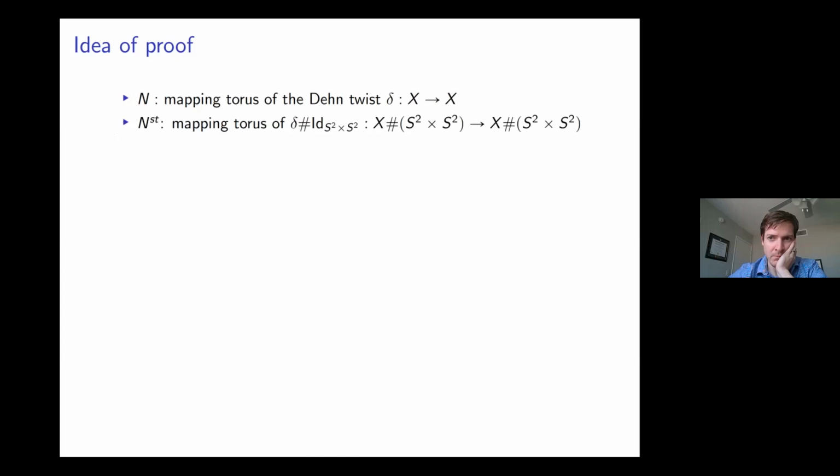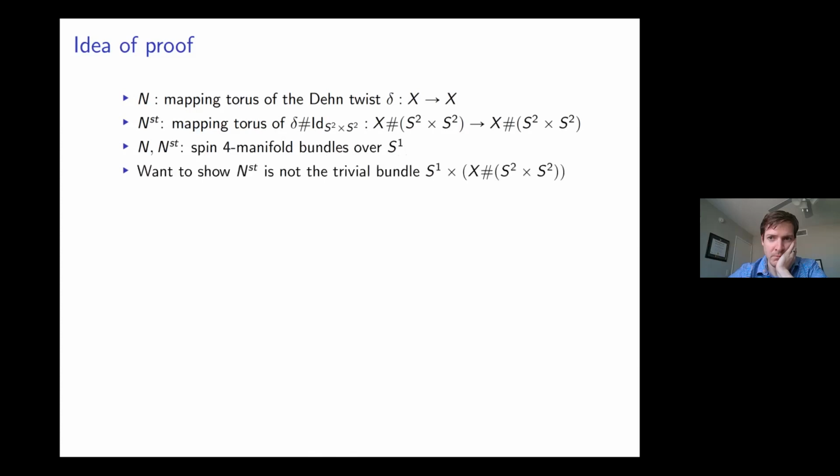And we also take the mapping torus on the one-stabilized manifold. These are both 5-manifolds, but you can also treat them as spin four-manifold bundles over the circle. So they are just circle families of spin four-manifolds.